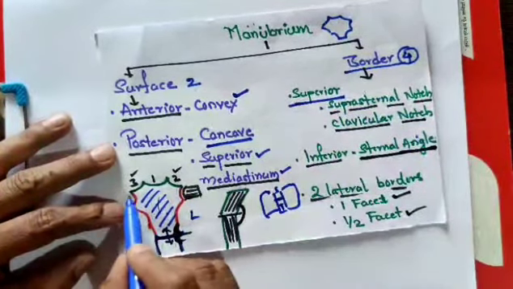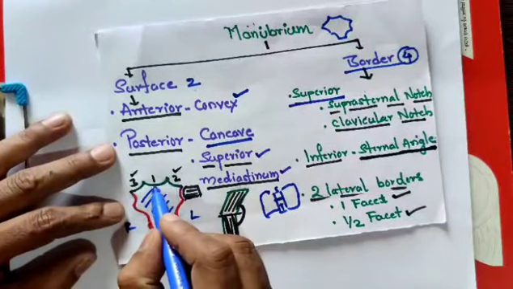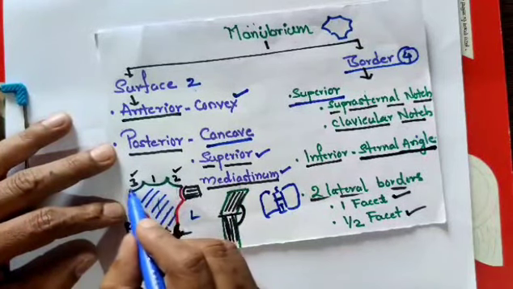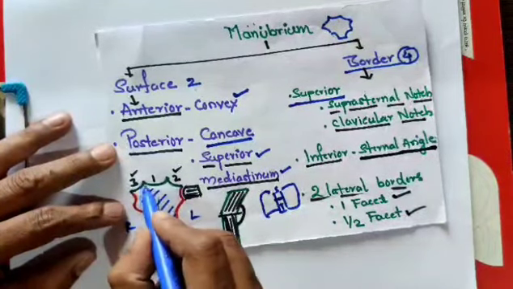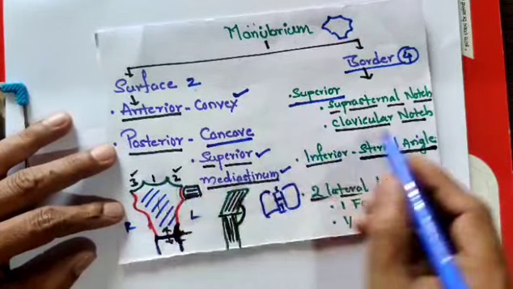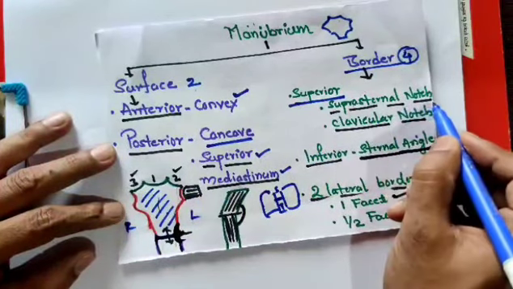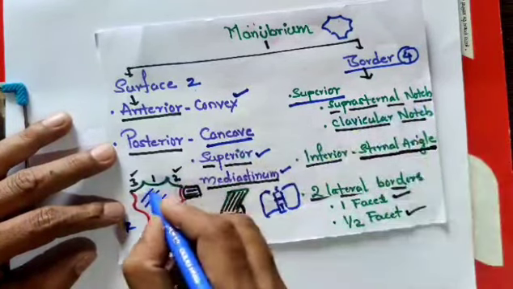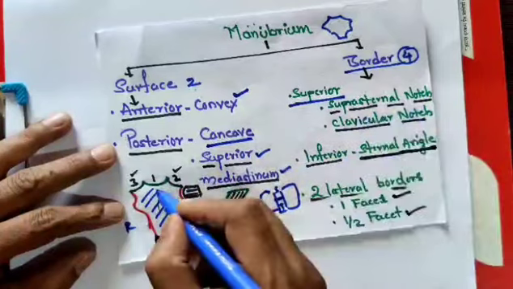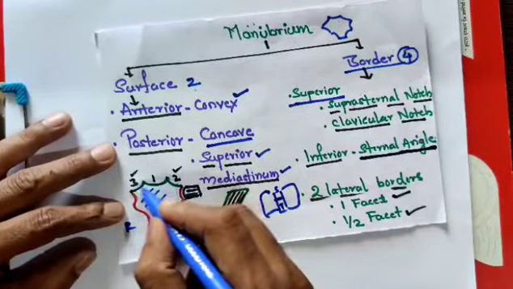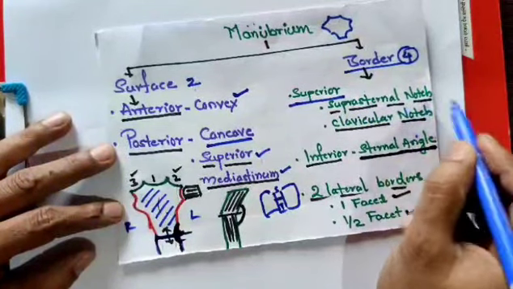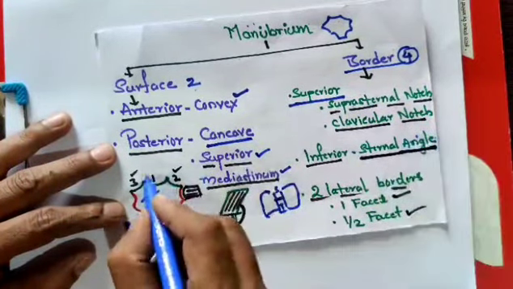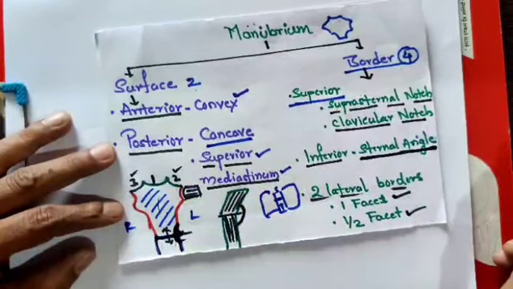First we are going to discuss the superior border. The superior border is not a plane, it is depressed in the center and also depressed on either side of the central part. First, the central depressed part is called the suprasternal notch. The notch means the depression. The depression is present at the superior part of the sternum, hence it is called the suprasternal notch.